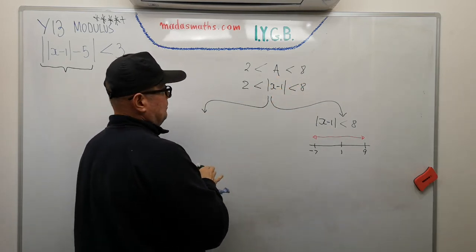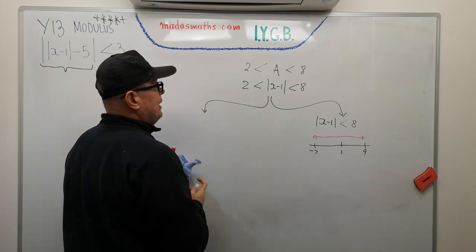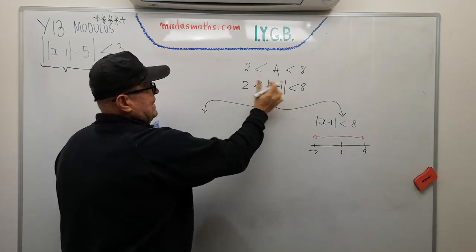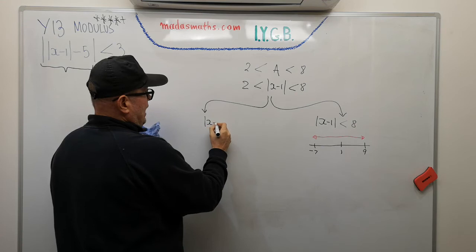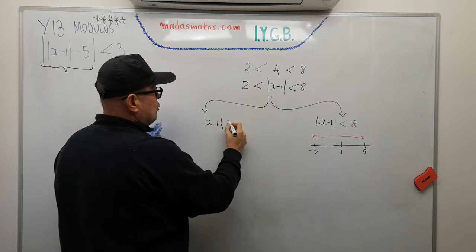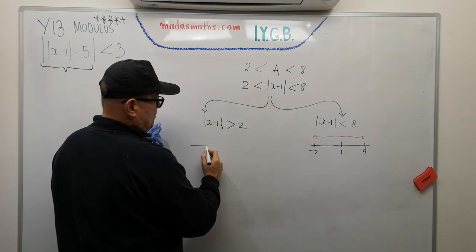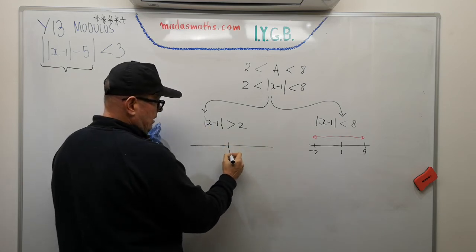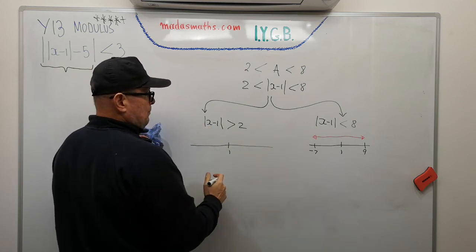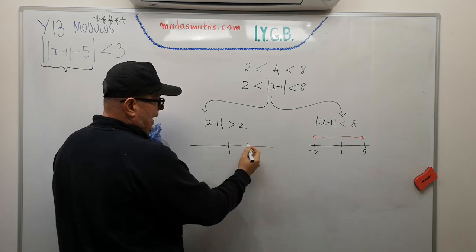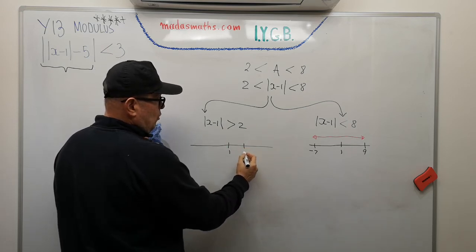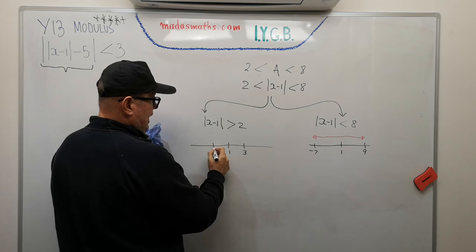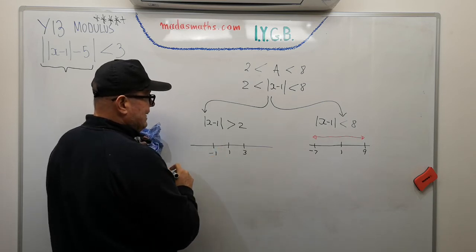What about the left? I'm going to write it back to front, it says the modulus of x minus 1 is greater than 2. Another number line. The difference of x from 1 is more than 2 steps. So if I add 2, I'm going to get 3 there, and if I take away 2, I'm going to get -1 on the left.